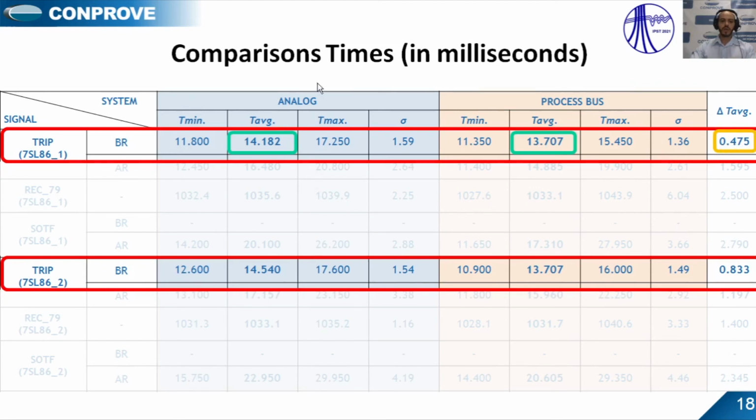In blue we have the analog hardwire, and in pink we have the process bus environment, the IEC 61850 environment. And then in substation 2 we have 14 and 13. It's less than 1 millisecond. It's very little difference between the process bus and analog environments.